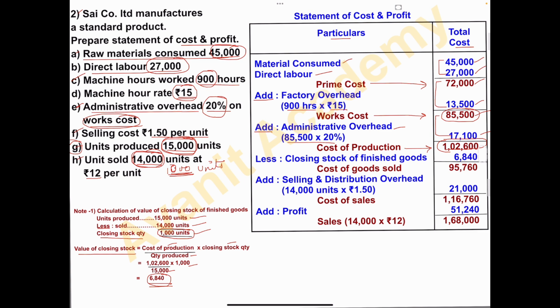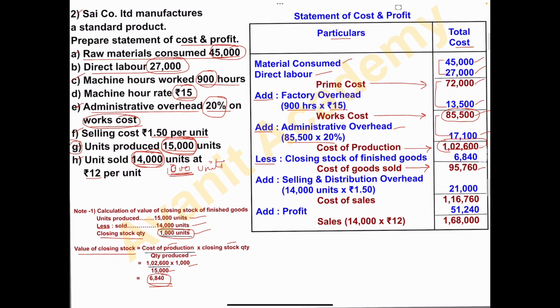Come to the solution part, the cost sheet: less closing stock of finished goods, amount is 6,840, which we just calculated in note number 1. From 1,02,600 minus 6,840, you will get 95,760. This is called cost of goods sold.